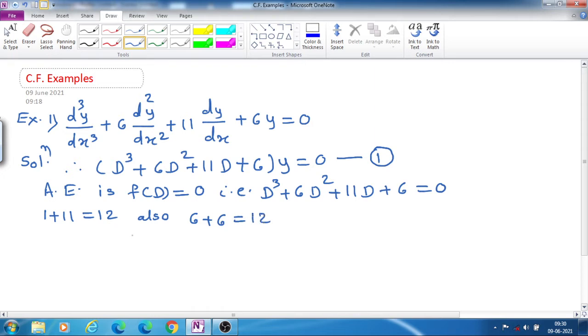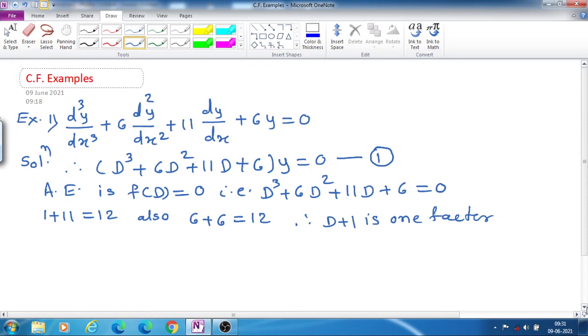So the sum of coefficients of even degree terms and the sum of coefficients of odd degree terms is same, and therefore here d plus 1 is one factor.